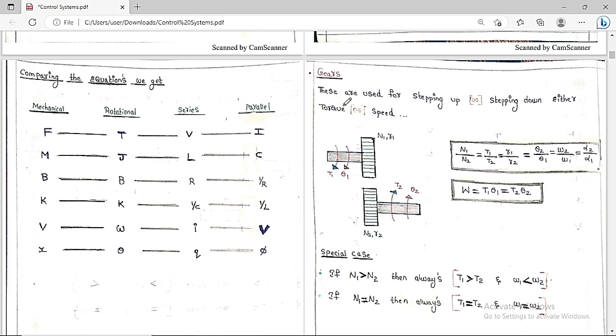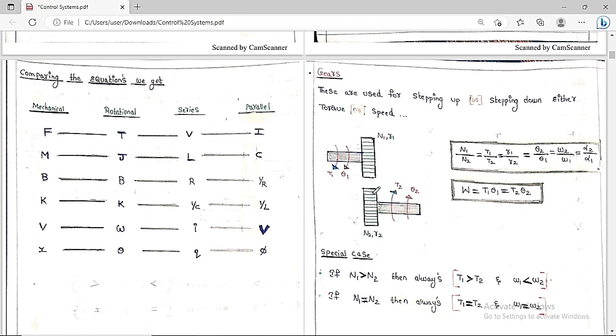This is the basic agenda of gears. They can either increase the torque, or increase the speed, or decrease the torque, or decrease the speed.